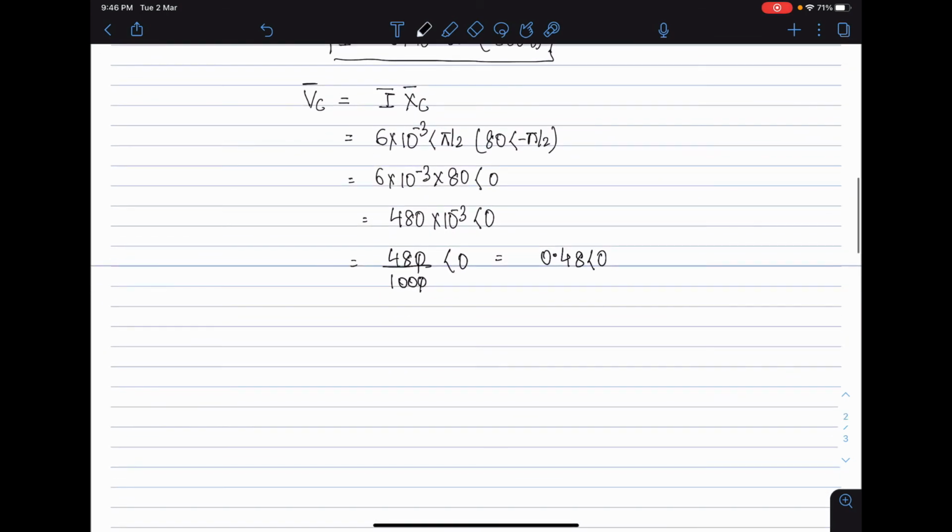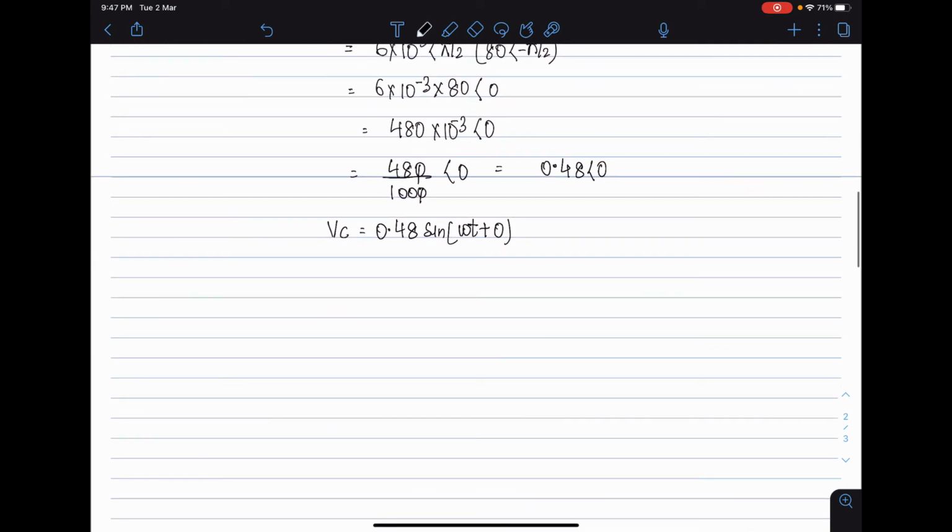So basically you can write this VC, that is the potential difference across the capacitor, as 0.48 sine of omega t plus this angle, which is 0, sine omega t plus 0. So basically VC can be written as 0.48 sine of omega t.